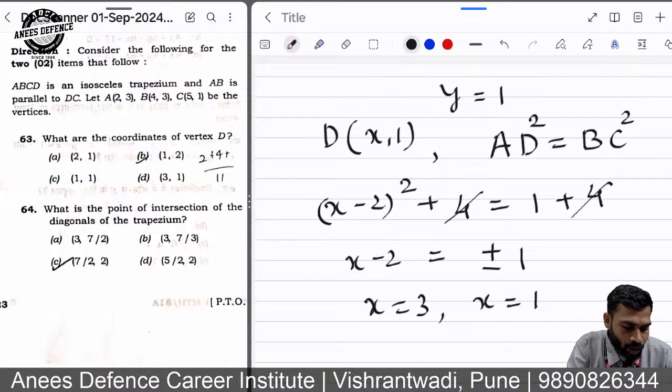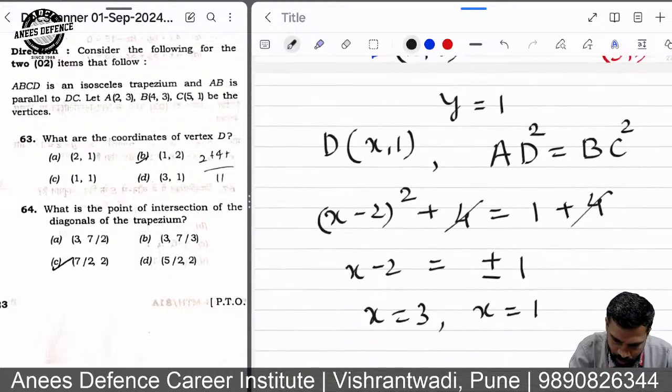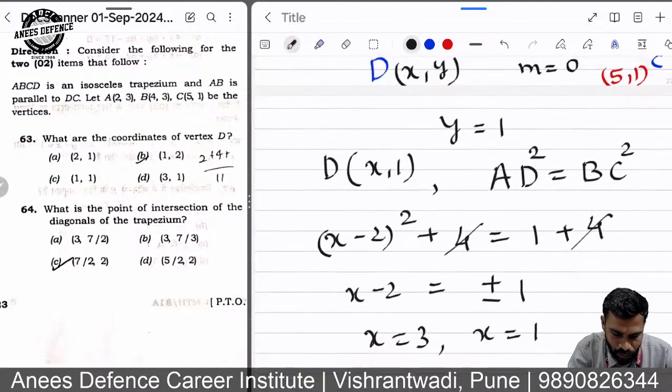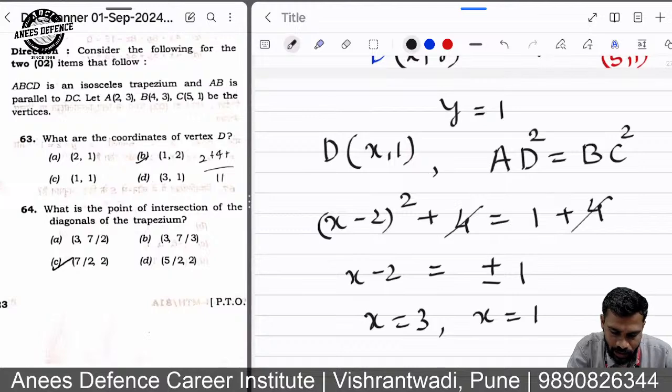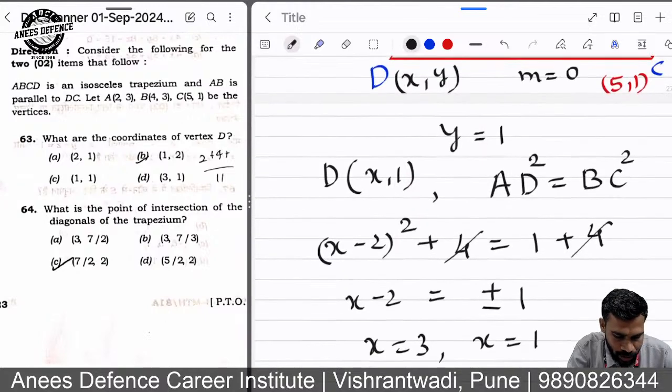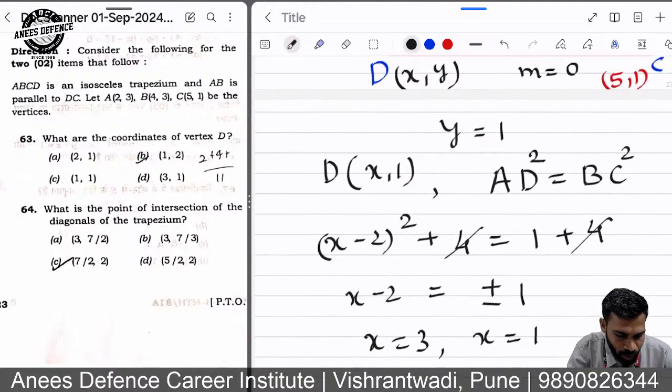Now, let me check. (x minus 2) whole square is equal to 1. So if you take positive sign, x will be equal to 3, or x is equal to 1. And we have got already, so either (1, 1) or (3, 1) we can have.